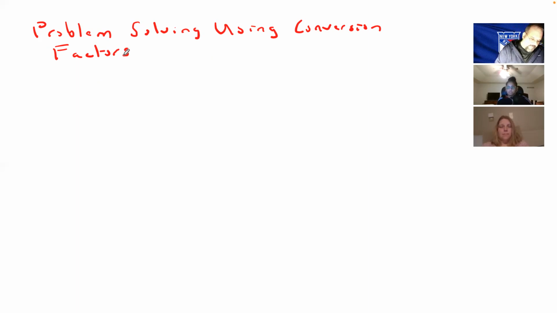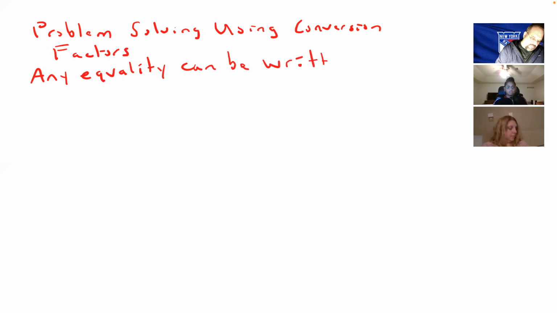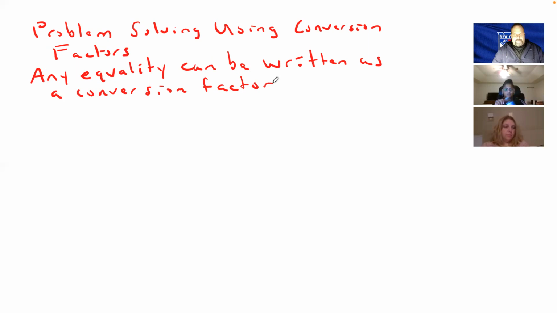So essentially, keep in mind that any equality can be written as a conversion factor. And remember, in mathematics, how do we recognize equalities? We recognize equalities with equal signs. And a conversion factor is an equality written in the form of a fraction.